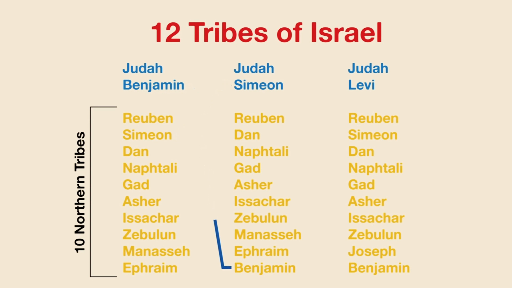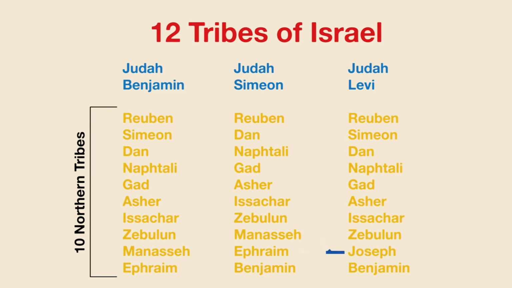This is because, according to the Bible, Simeon, like Levi, was not given a separate land allotment. And this was because of a special punishment that was given to those 2 brothers, which is mentioned back in Genesis 34.